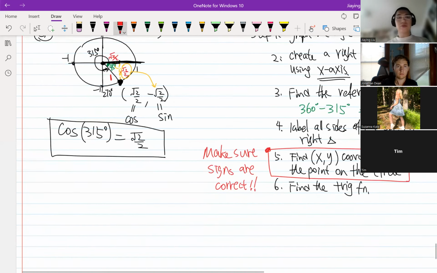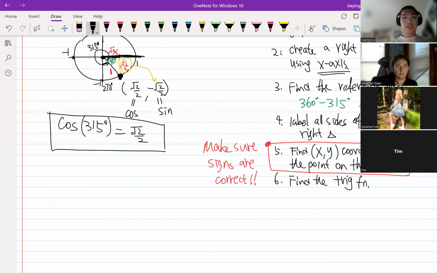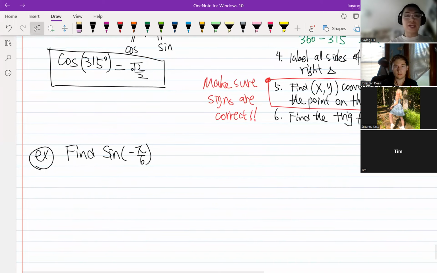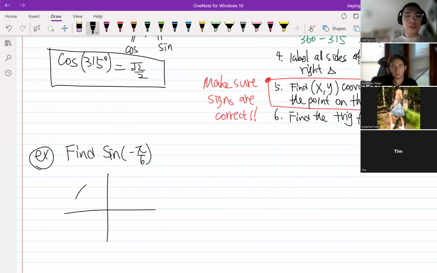Okay, we're going to go through several examples like this just to practice. The next example is we're going to find sine of -pi/6. Again, the first step, I'm going to draw a unit circle. This is 1, that's 1.